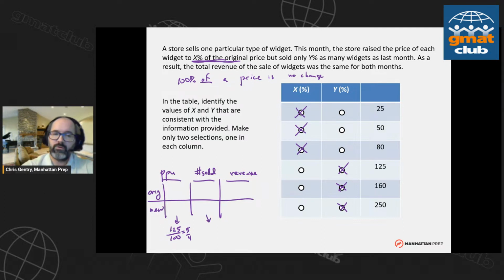In order to get to the original revenue, I have to counteract that 5 over 4 increase with a 4/5 of that new number. And so we can see that 5/4 and 4/5, when I multiply those two together, you would counteract and you get back to the same value. So this is 100% of something, 125% of something, and 80% of the same.